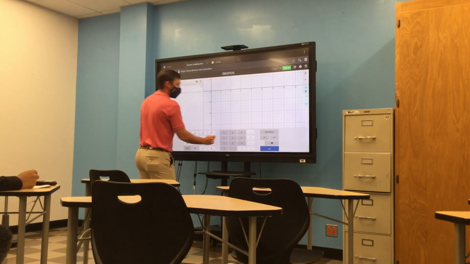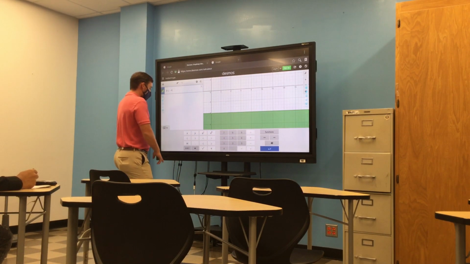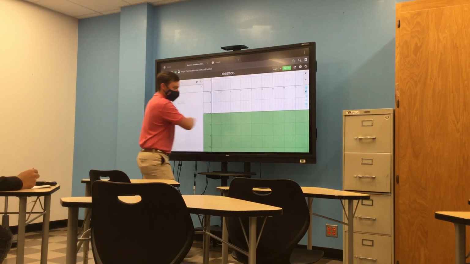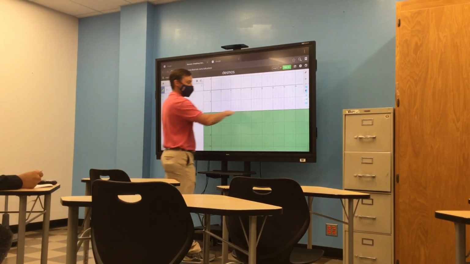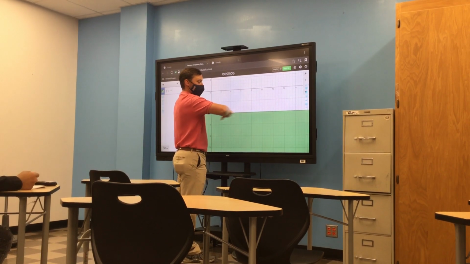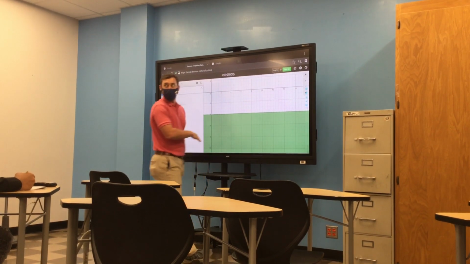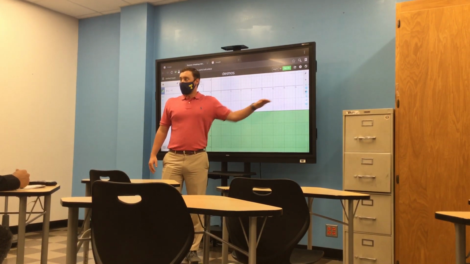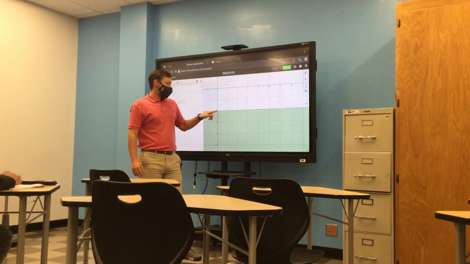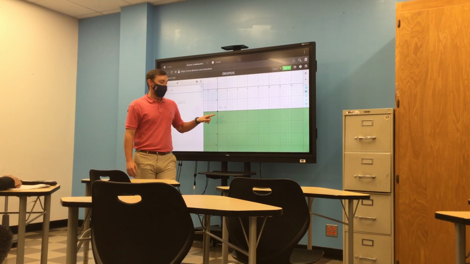Look at my graph here. What do I have? It has a solid line, and it's shaded below. But this is a perfectly horizontal line, right? And it crosses at what number for your y value? -4.